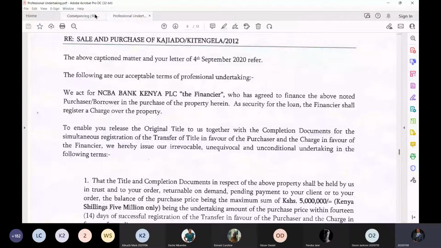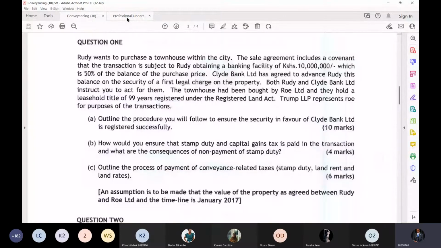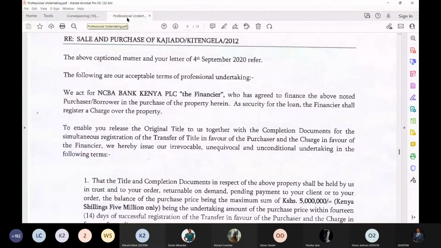Sorry, just a quick one. I think my call dropped when you mentioned this, but could you kindly repeat who registers the charge? Whose responsibility is it to register this charge?